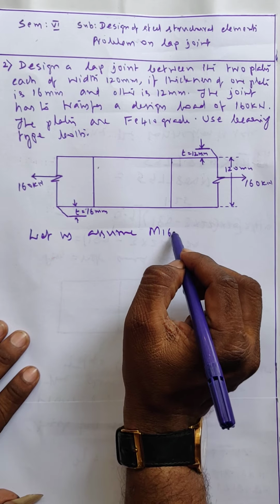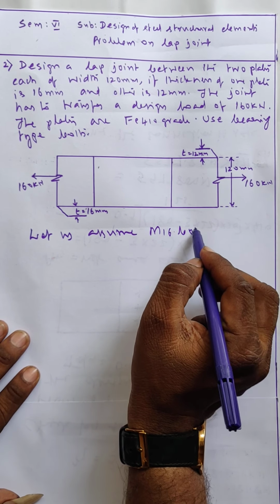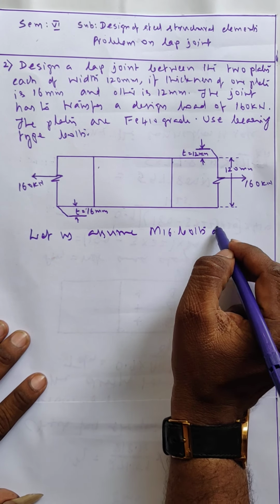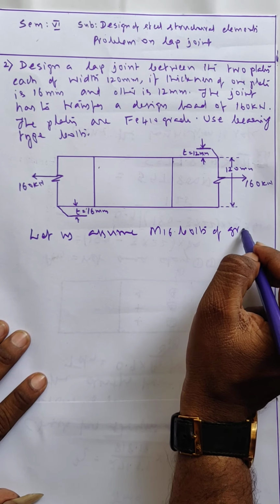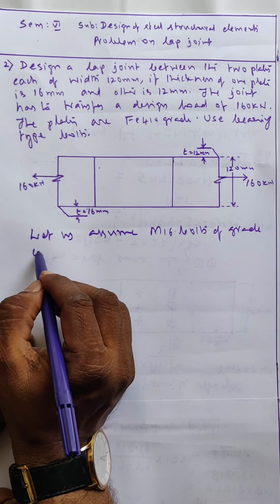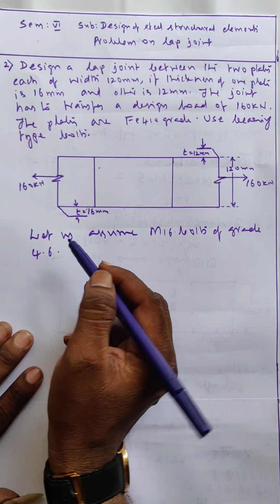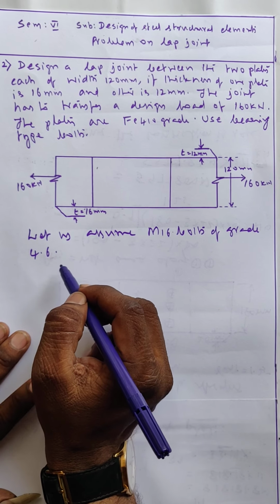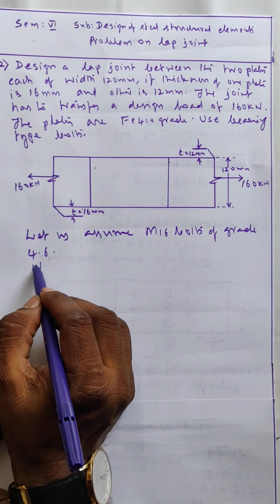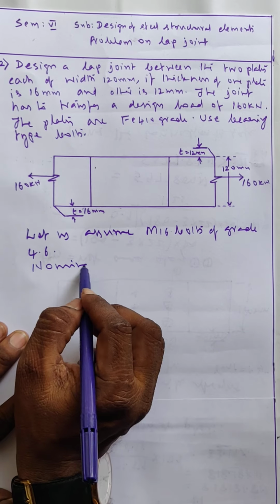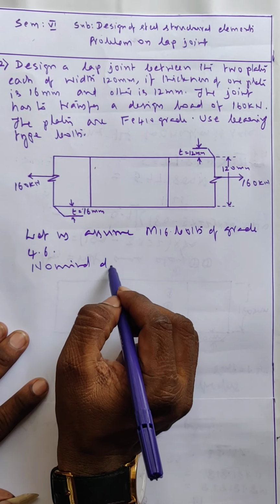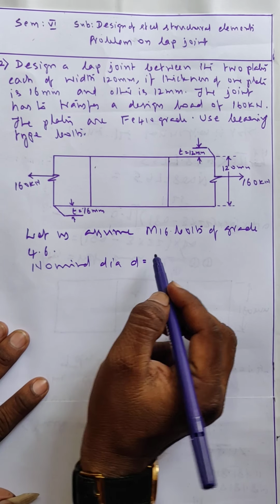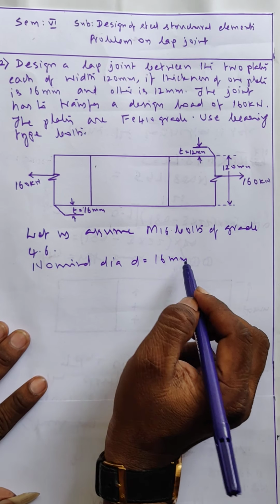M16 bolts, means 16 mm dia bolts of grade 4.6 for the connection. Therefore, nominal diameter d equals 16 mm.